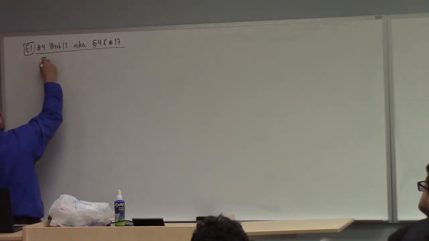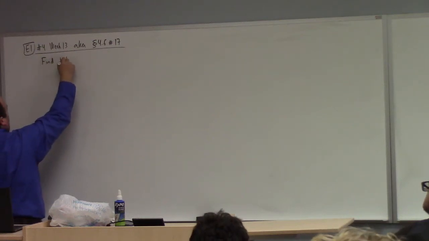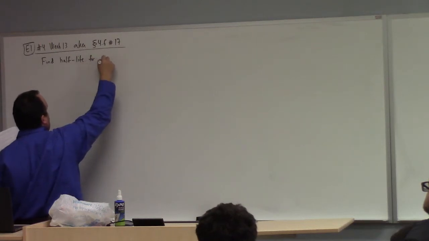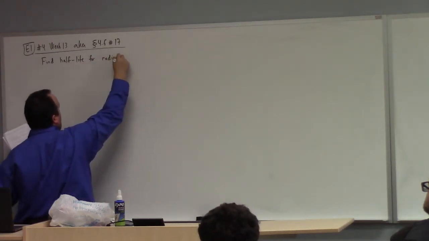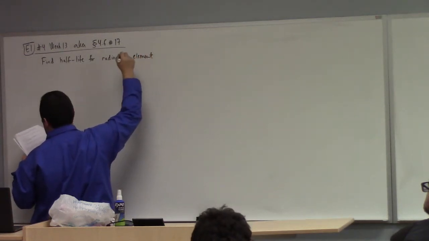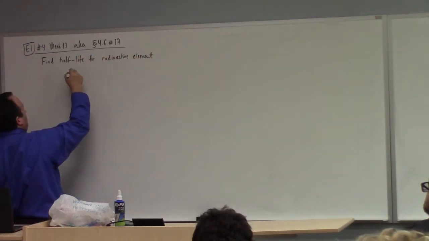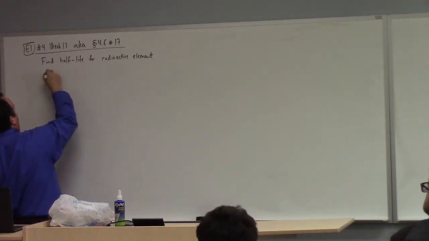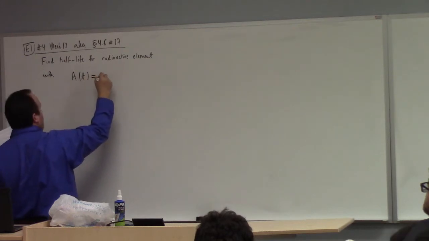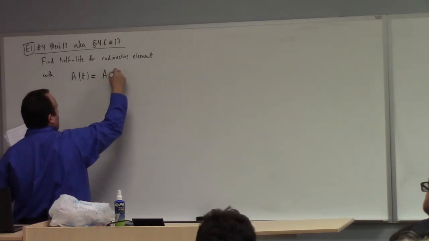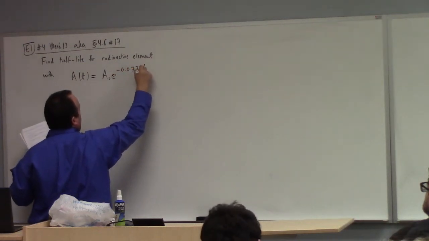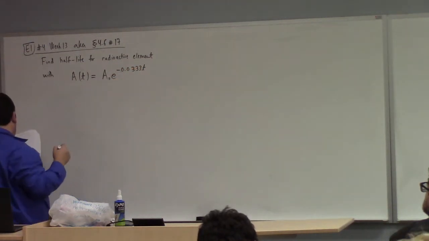Find the half-life for a radioactive element with the amount at time t given by a sub 0 e to the minus 0.0333t, where t is in years.